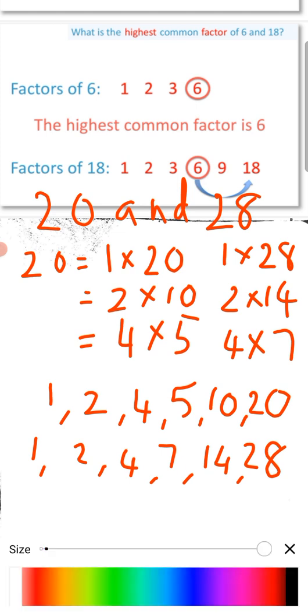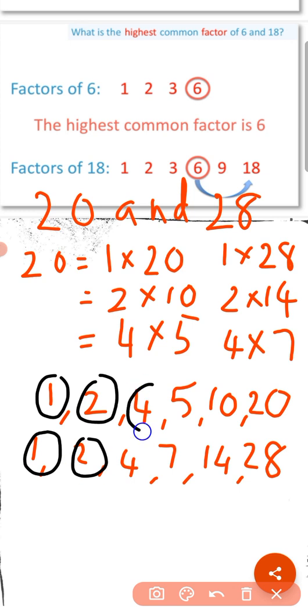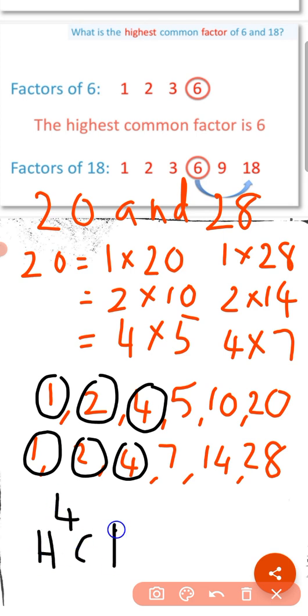Now find the common factors. Circle the common factors: 1, 2, 4. Out of this, 4 is the largest. So HCF is equal to 4.